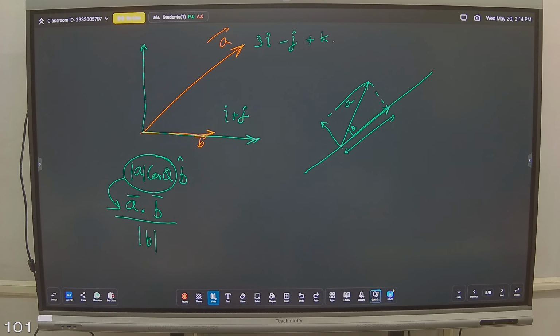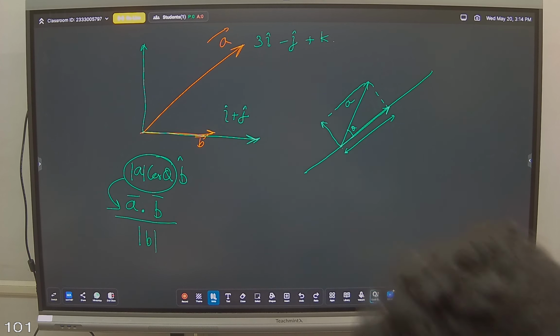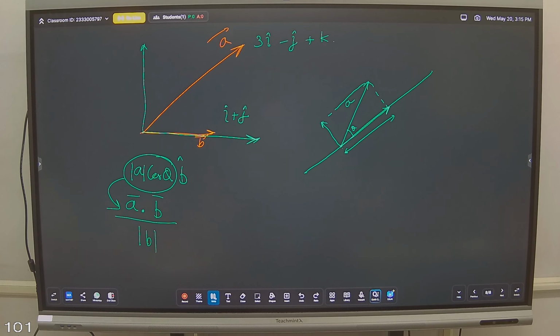Could be. What's your final answer? So you're telling me it's essentially just B cap.